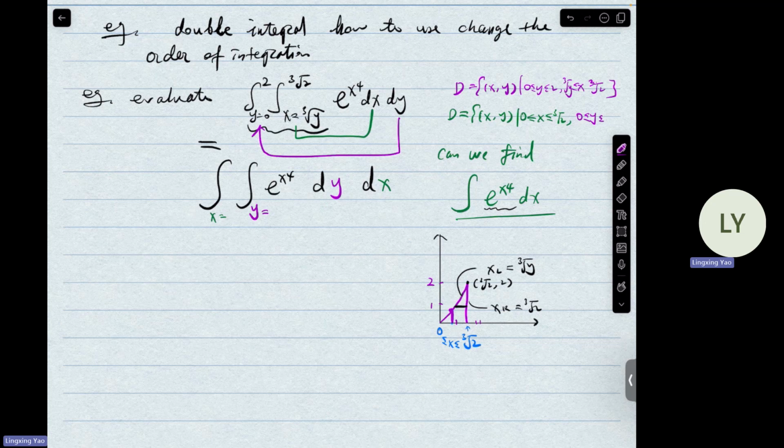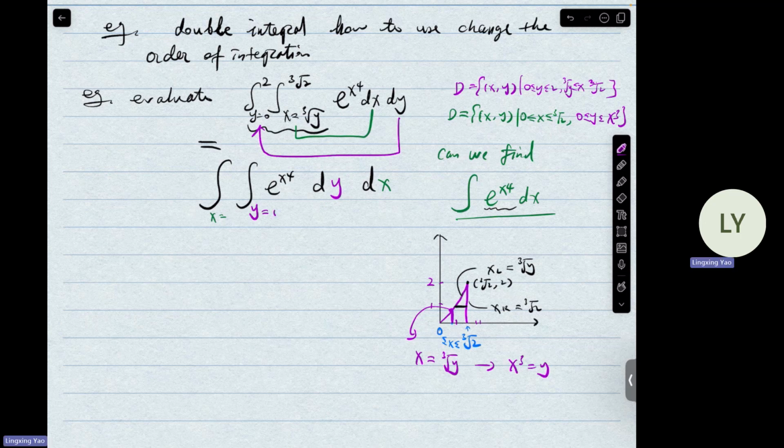Well, we have to solve. Remember this curve: x equals cubic root of y. We need to solve for y in terms of x. So this is x cubed equals y. So y is bounded between 0 and x cubed.